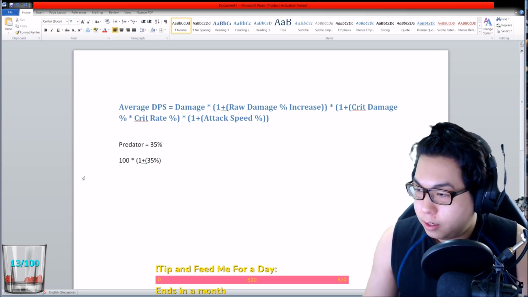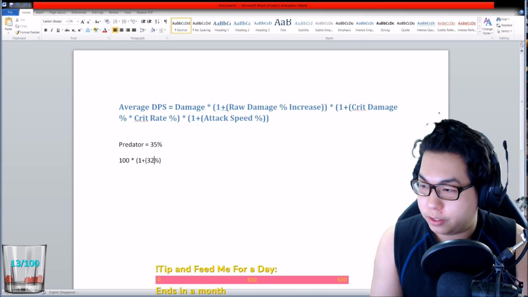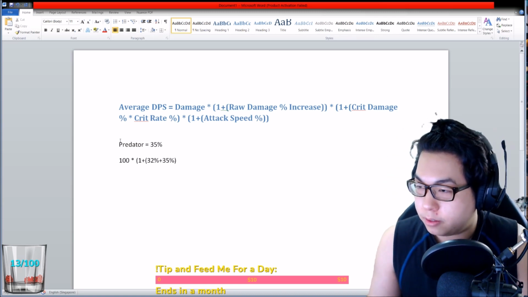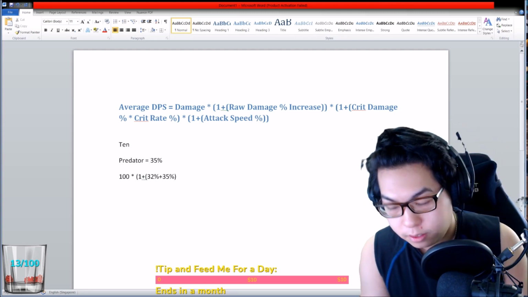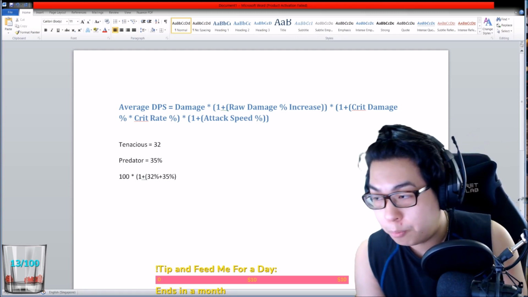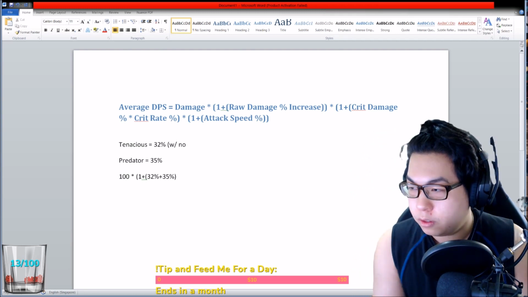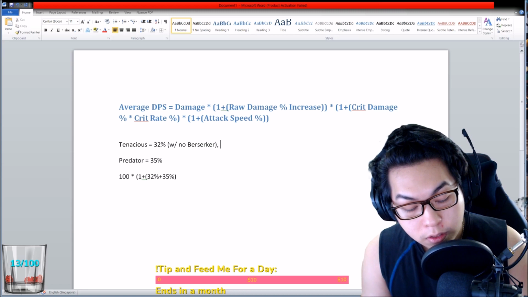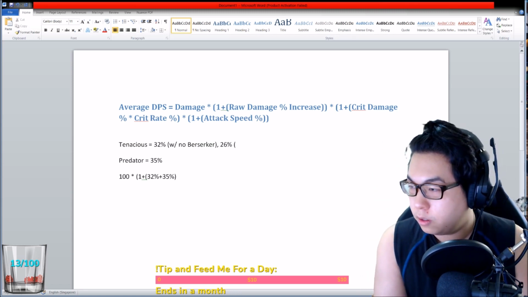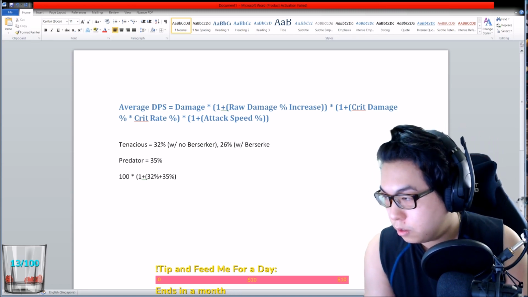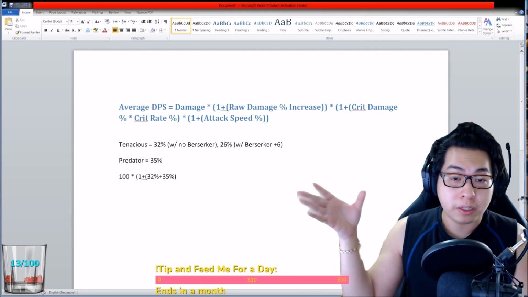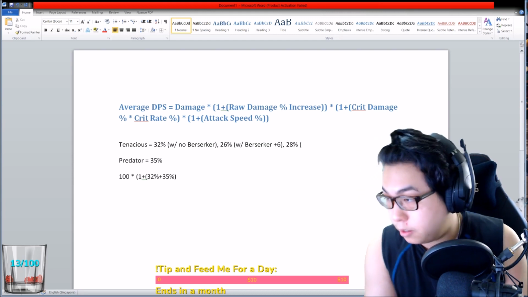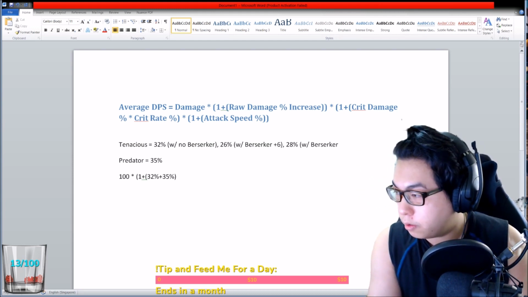Let's put tenacious in, plus 32%. Now this is with no berserker. With berserker plus 6, you're looking at 26%, and it's 28% with berserker plus 3.